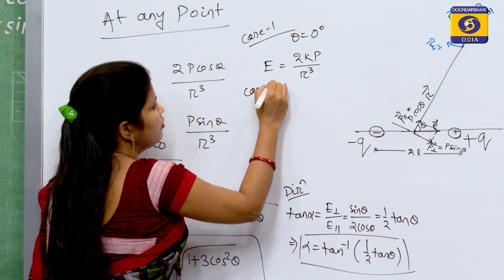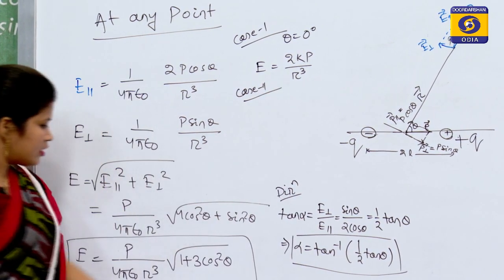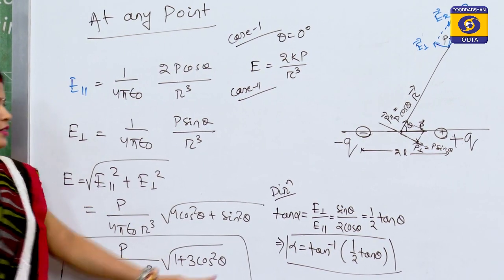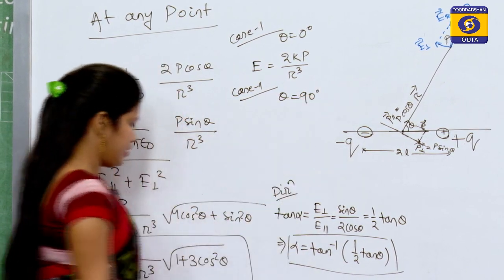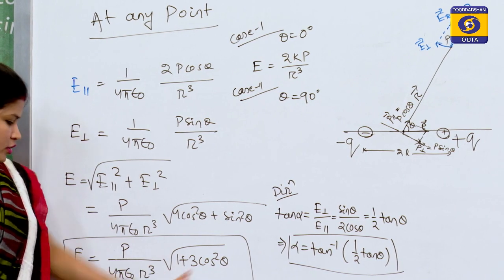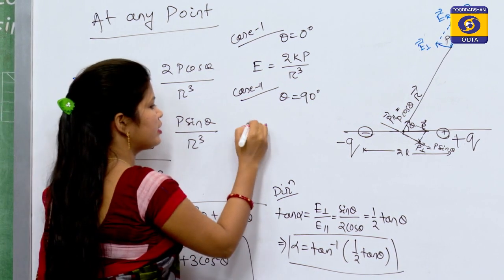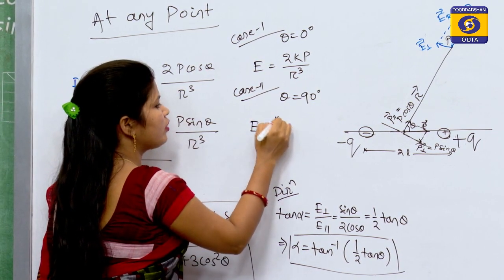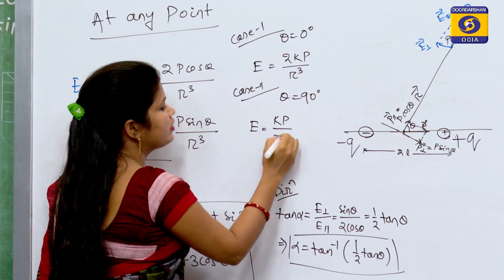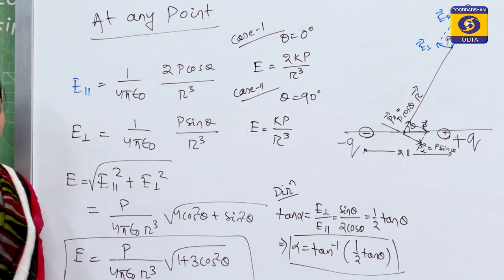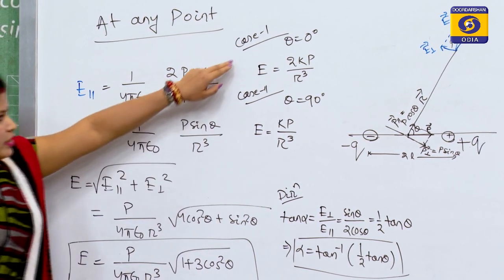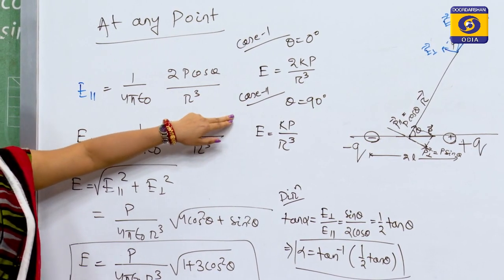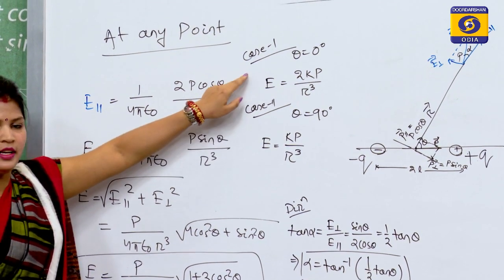And case 2, on the equatorial line, when theta is equal to 90 degree, cos 90 is 0. So, the electric field intensity is E equal to k p upon r cube.